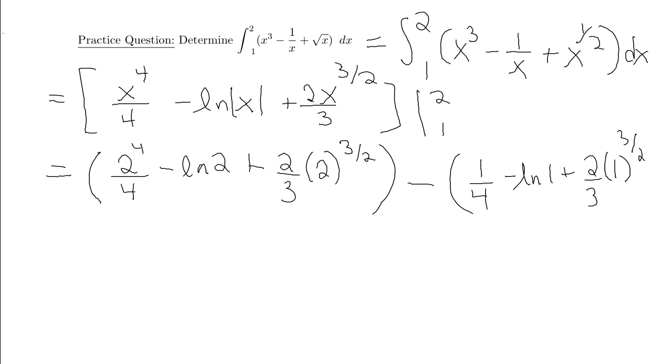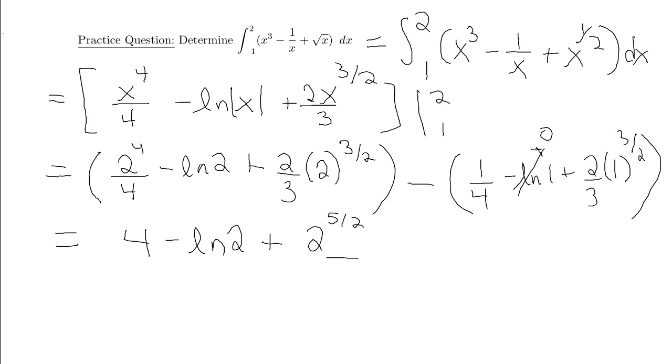Well, 1 to the power of 3 over 2 is just 1, so that's pretty easy to do a lot of this one in our head. So we end up with 4 minus ln 2 plus 2 to the power of 5 over 2, so I just combine my exponents there. So my 2 is to the power of 1, and then it's multiplied by a 2 to the power of 3 over 2. So I add 1 plus 3 over 2 to get the 5 over 2. That's still divided by 3, minus 1/4 minus 2/3.